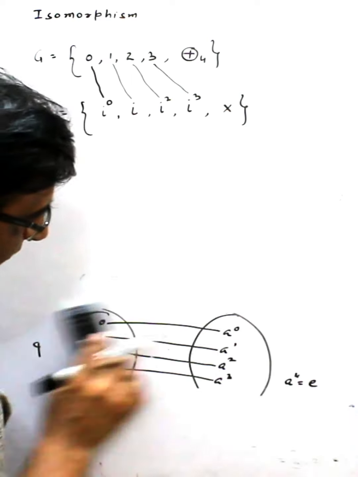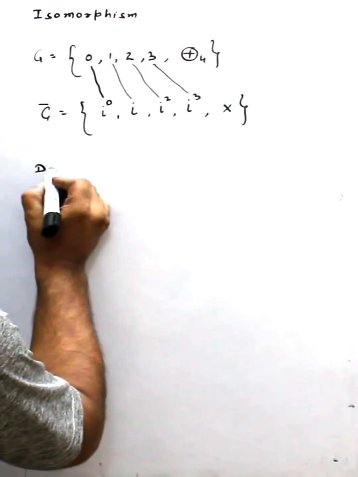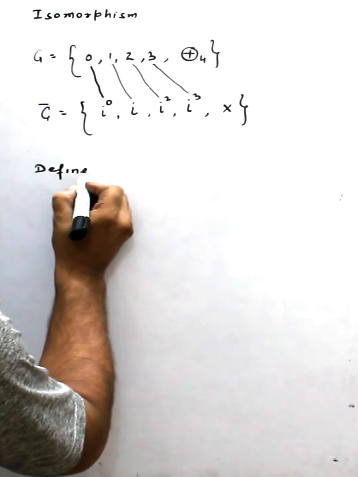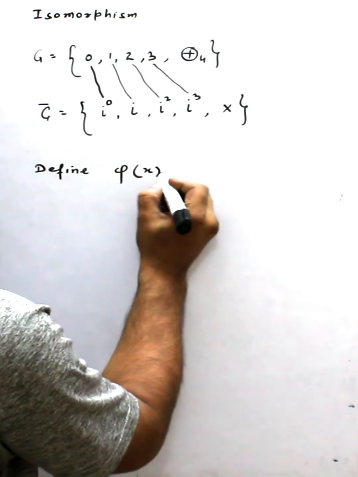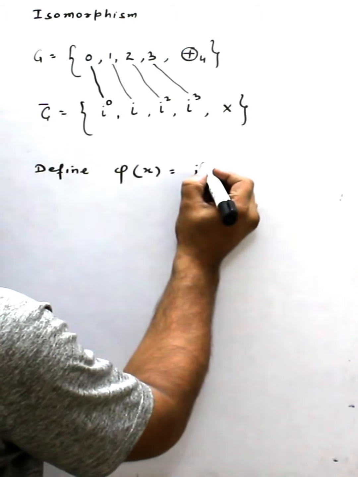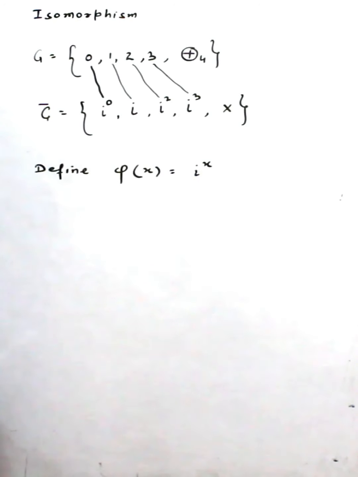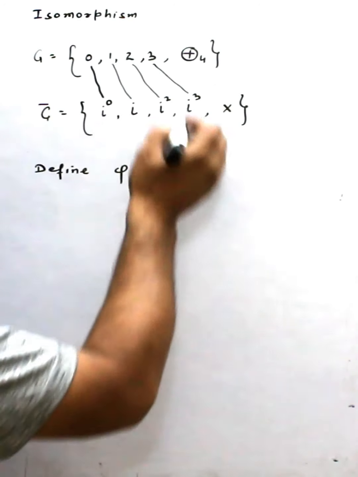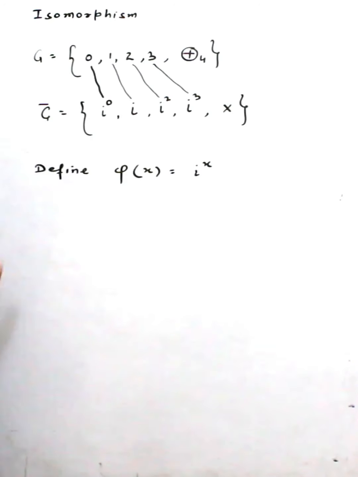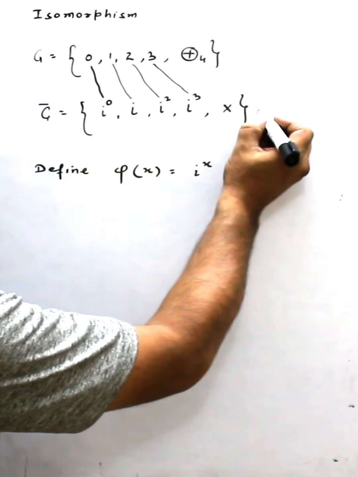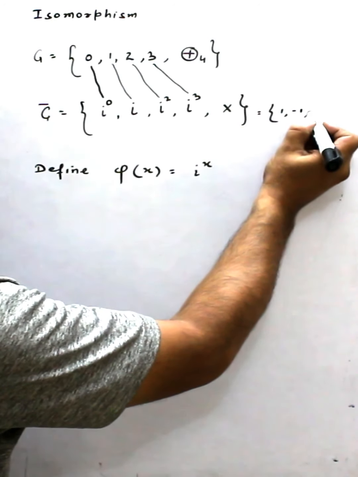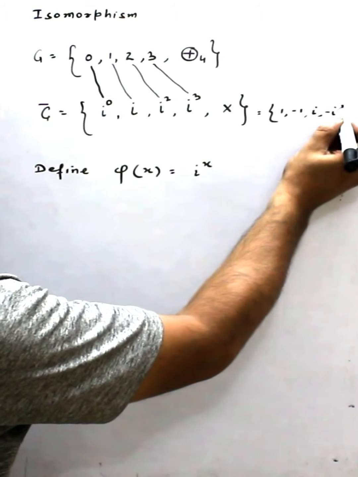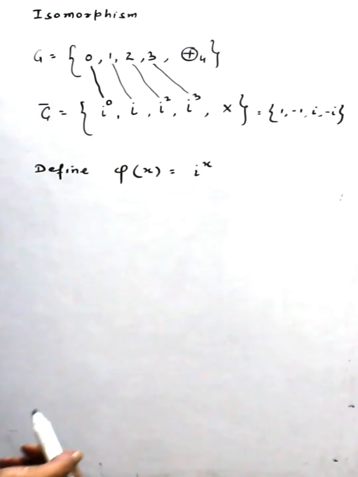That means define phi(x) is equal to i^x. Both are groups. You can easily prove this, because this group, finally, we know 1, minus 1, iota, minus iota. These are 4 elements and these are 4 elements.